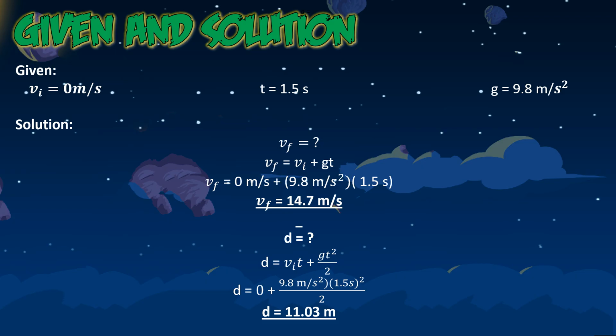Displacement is equal to initial velocity times time plus gravity times time squared all over 2. Displacement now is equal to 0 meter per second plus 9.8 meter per second squared times 1.5 seconds squared all over 2 is equal to 11.03 meters.